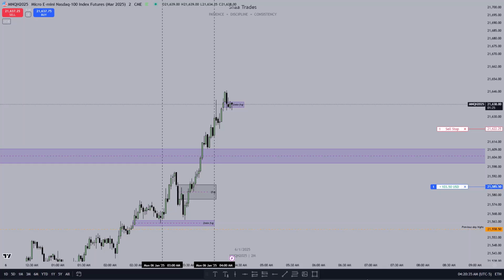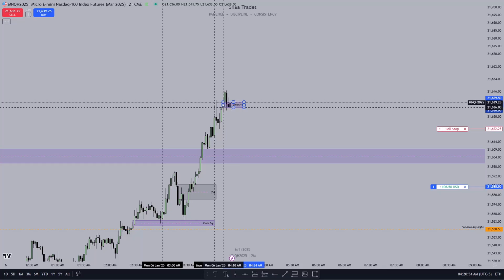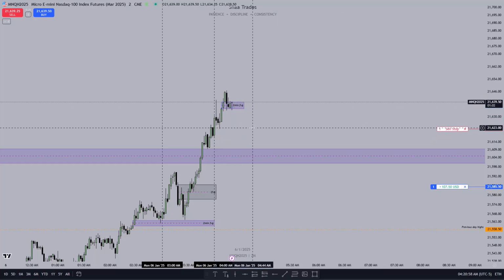Let's see what price is doing here. This should include the volume imbalance. Okay.